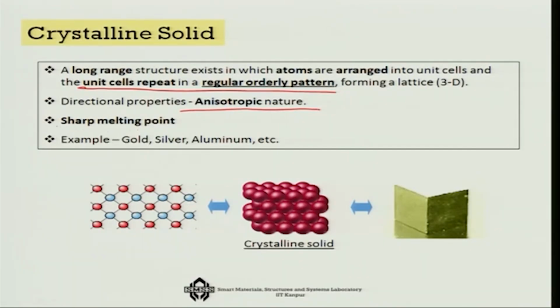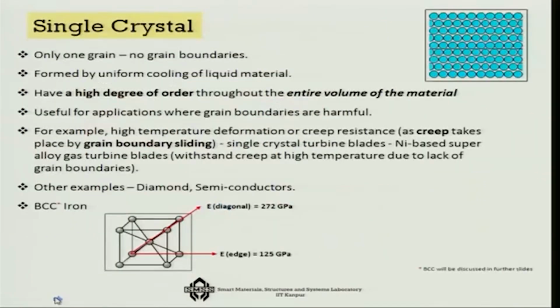Also, such systems will have a sharp melting point, and there are many examples. For example, gold, silver, aluminum, many of the metals are the best examples of crystalline solids. It is not only observed in metals; many other structures which have ionic bonds also show very good crystal structures, and among covalent bonds, for example, diamond also shows a very good crystal structure.